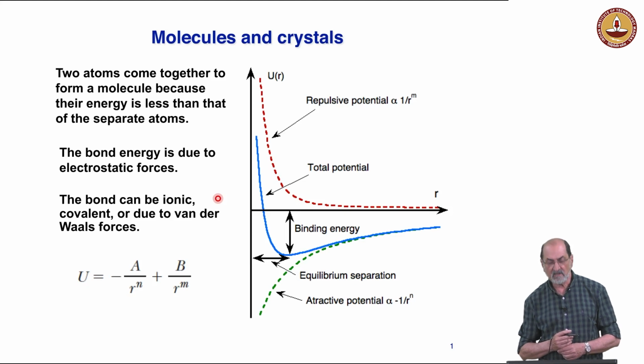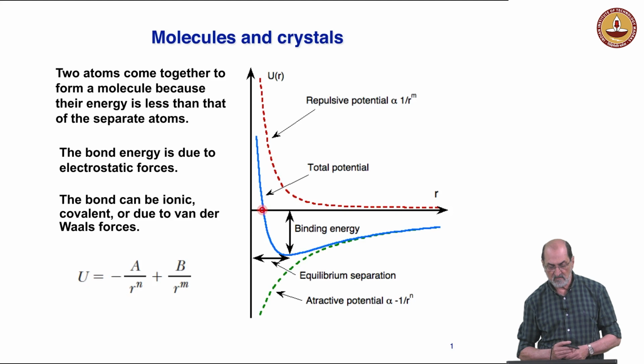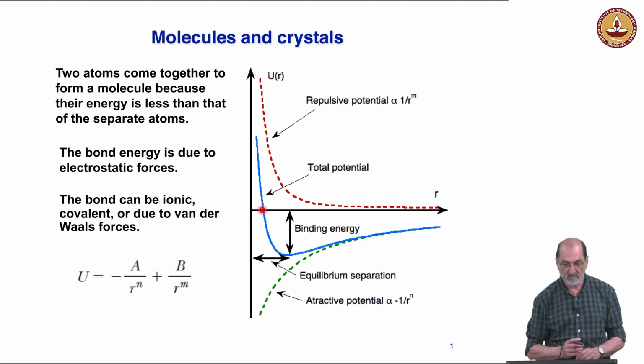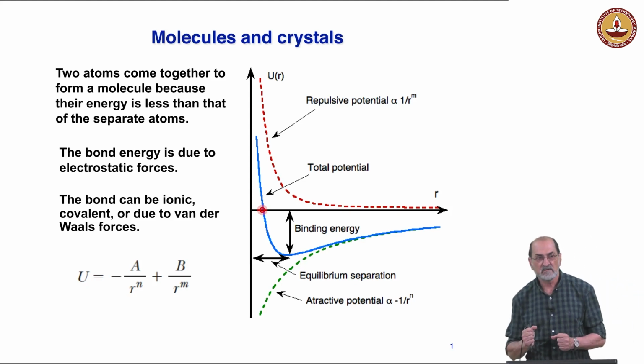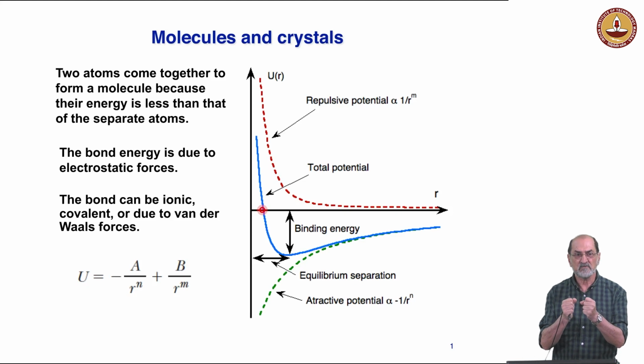Usually the potential between two atoms as a function of the distance decreases, reaches a minimum and goes up. This is due to two types of interactions. One which is attractive, which is the kind of interaction we were talking about. For example, if we have an ionic bonding, the positive and the negative ions, the closer they are, the lower the energy.